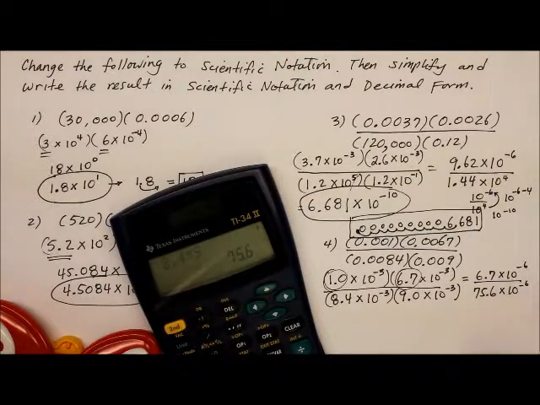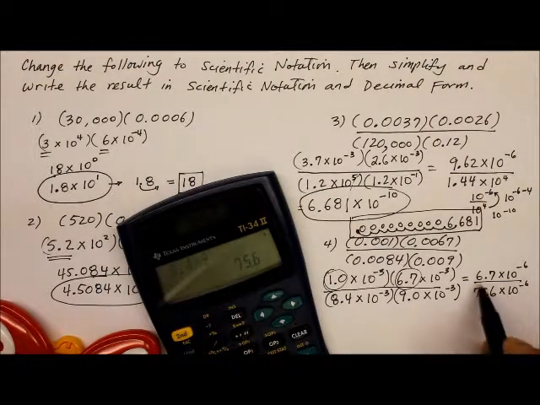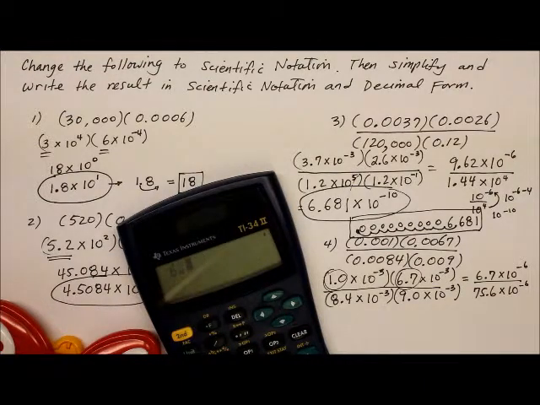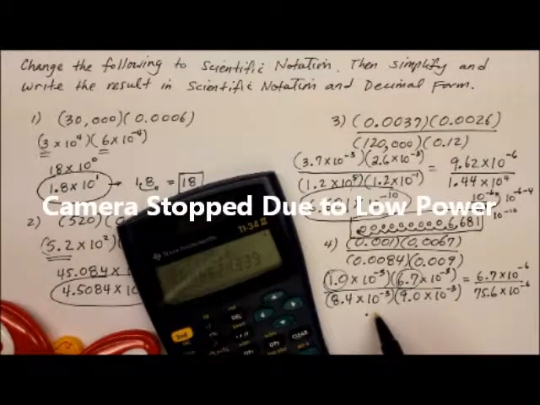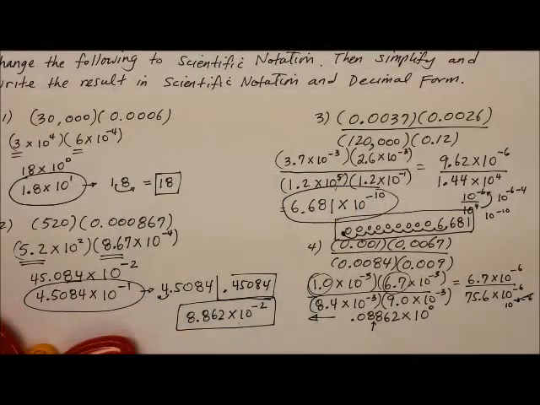Something unusual is going on. So now we have 6.7 divided by 75.6. That gives me, I'll write over here, 0.08862.